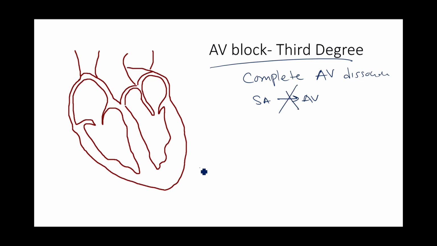For this reason, you'll see P waves, or the SA node conduction, marching at its own consistent regular rate. And then on top of that, we would see QRS complexes marching at their own rate with no association between the P waves and the QRS complexes. And we'll see an EKG showing this as well.